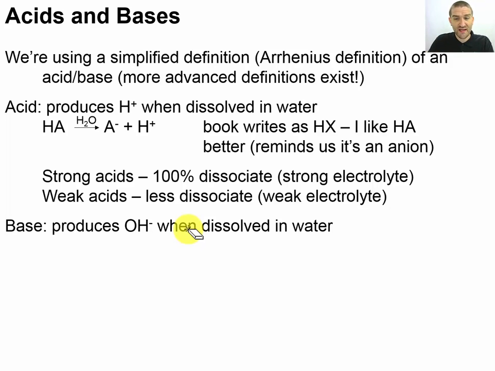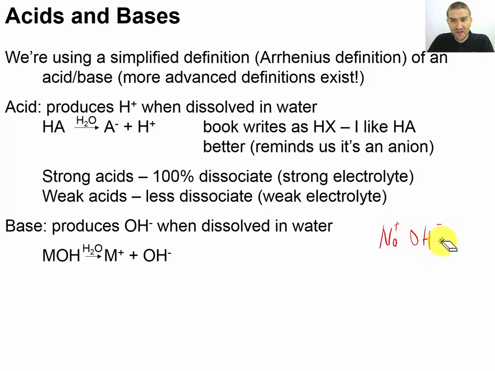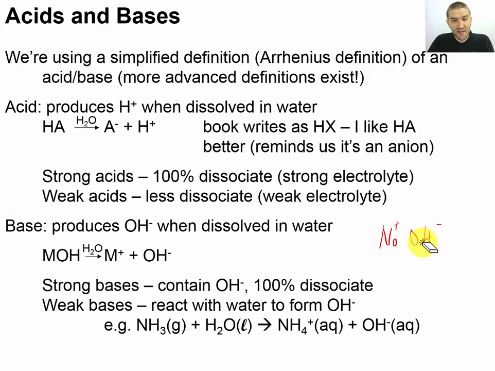But sodium hydroxide is one of the ones we talk about all the time as a strong base, NaOH. It's going to give you Na plus and OH minus when you dissolve it in water. It's a strong base, so 100% of the time sodium hydroxide pops apart and gives you OH minus.